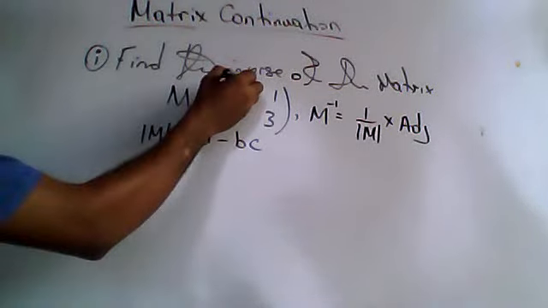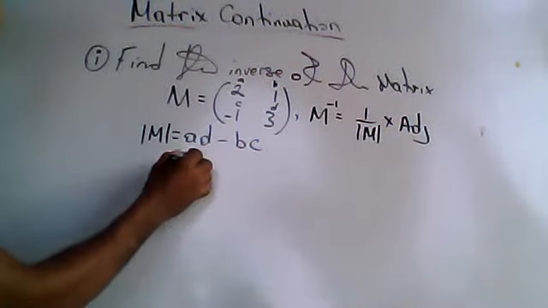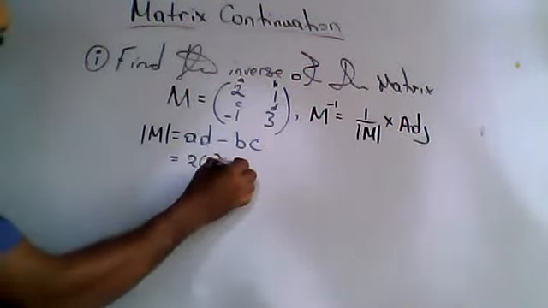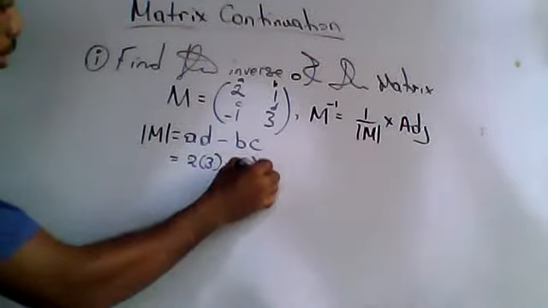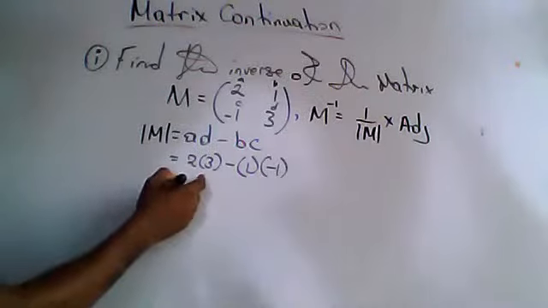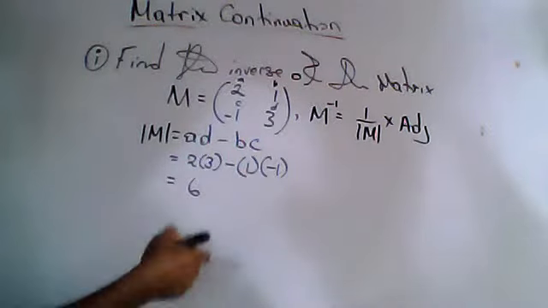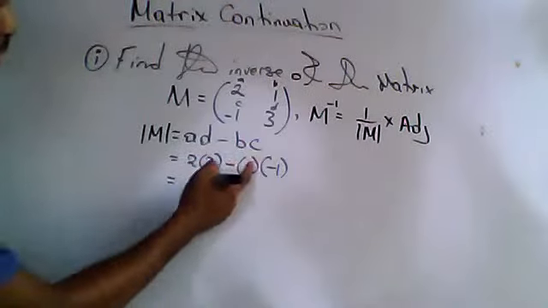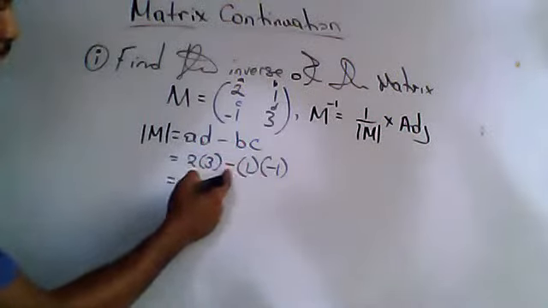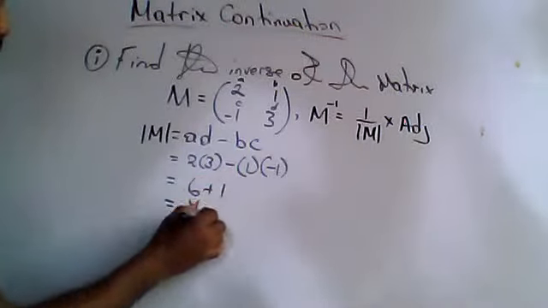Remember, this value is A, this is B, this is C, this is D. So we're going to have 2 times 3 minus, open bracket, 1 times minus 1. So 2 3s are 6. Now, 1 times negative 1 is negative 1, but if you realize right here, we have 2 negative signs multiplying each other, so we're going to have positive 1. So the determinant is 7.